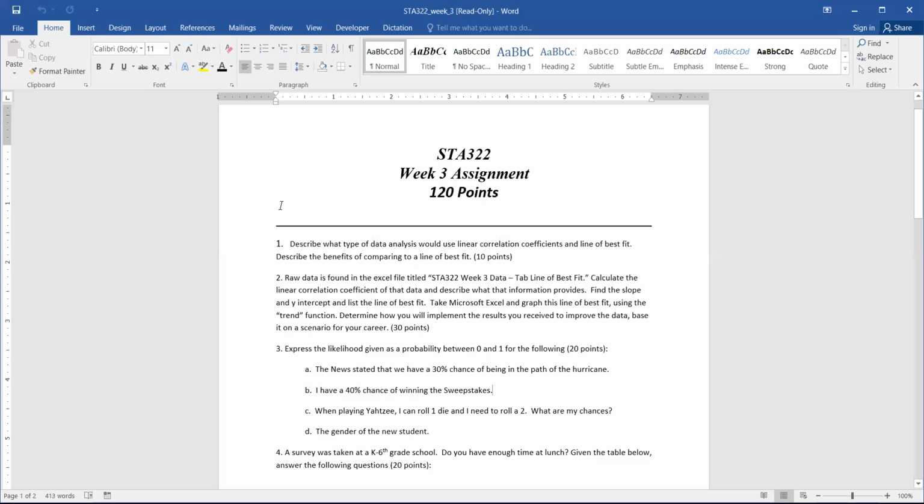The question discussed was question 1 on the week 3 assignment: describe what types of data analysis would use linear correlation coefficients and line of best fit, and the benefits of comparing to a line of best fit.